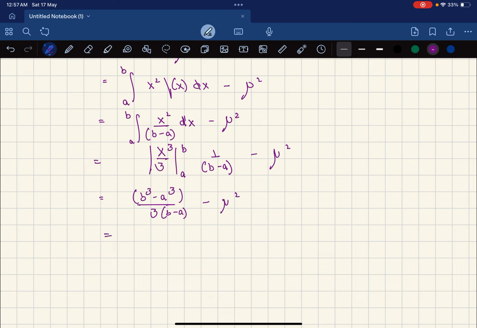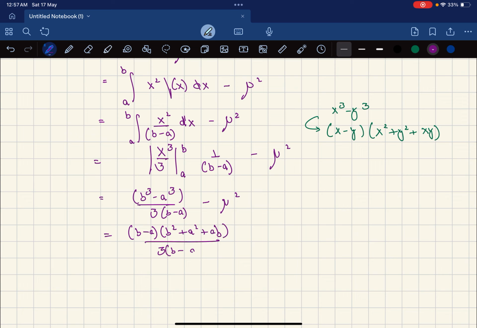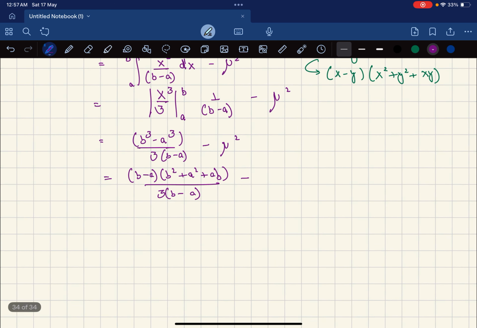Now again, using an algebraic identity, I'll just write it here: x cube minus y cube is nothing but (x minus y)(x square plus y square plus xy). So this can be written as (b minus a)(b square plus a square plus ab) upon 3(b minus a), and once again we'll just put the value of the mean here, which was b plus a upon 2.